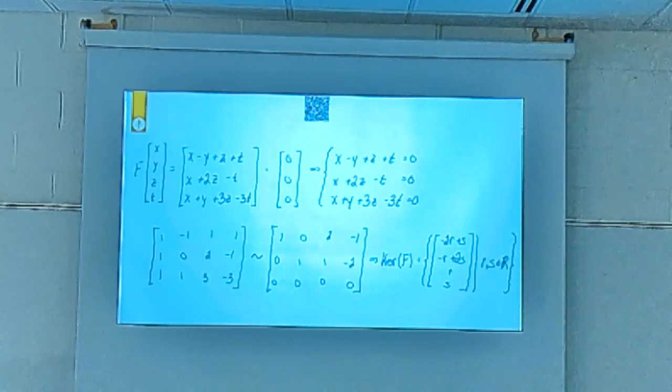Go back to your notes, because I'm not going to redo that step by step. What we're going to do, I'm going to call the basis for the kernel a kind of fancy looking K.